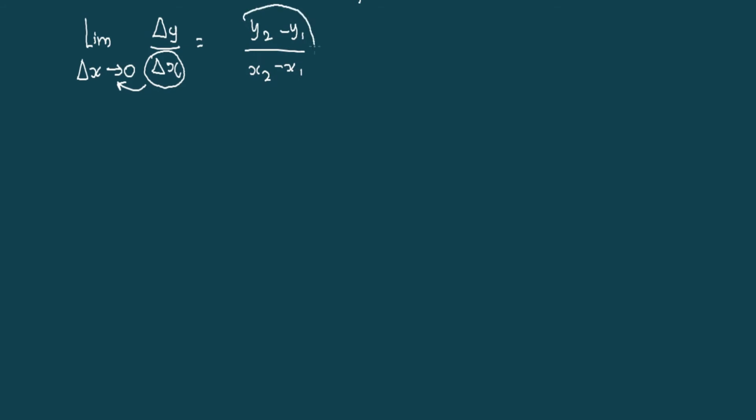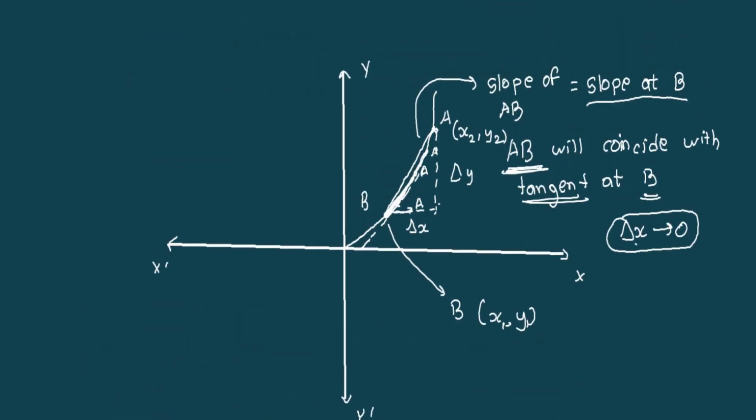And so when you solve this using limits, you get a value, a number, right? Let's say that the number is 2. And so this 2 is actually the slope at point B. All right, I hope you're getting this.